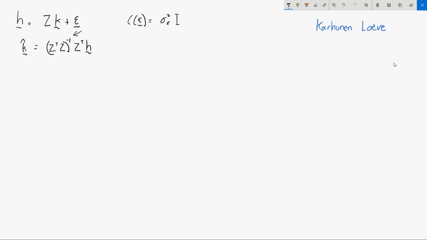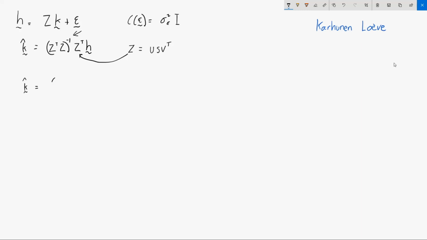Now, whether or not that inverse exists, whether or not the Z matrix is long in the horizontal or vertical direction, I can always subject Z to singular value decomposition and write it like this: Z equals U S V transpose. If I now substitute that equation for Z into here, I end up with this equation.